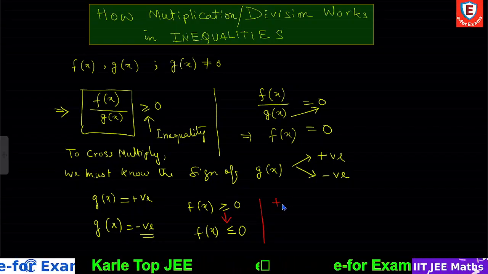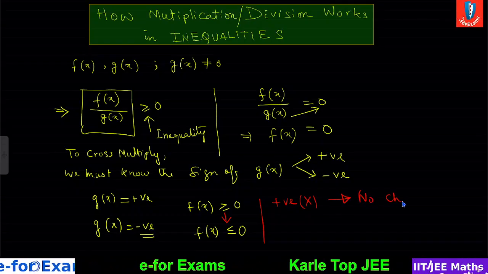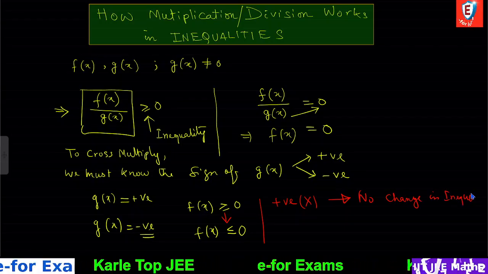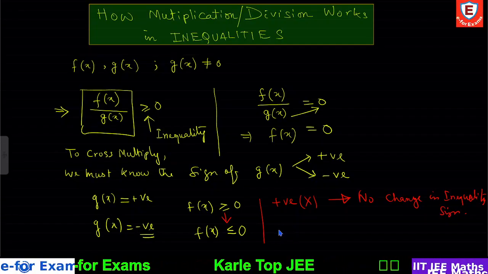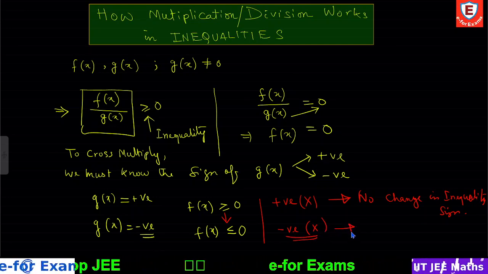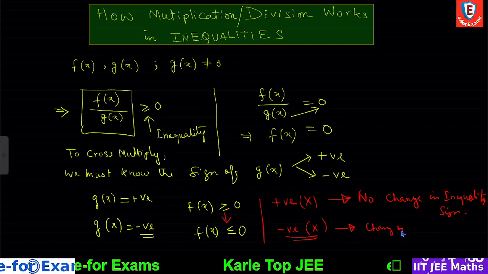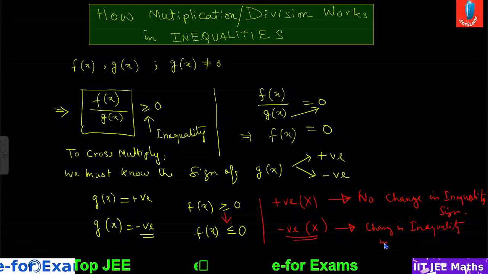Positive number multiplication, no change in inequality sign. But if we multiply by a negative function or a number, then there is a change in inequality sign.